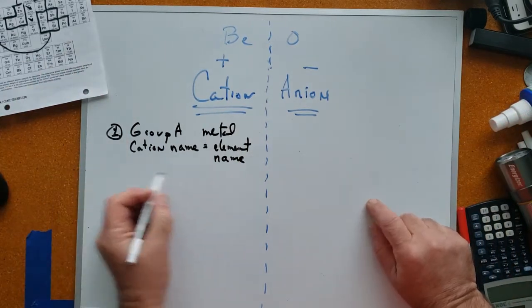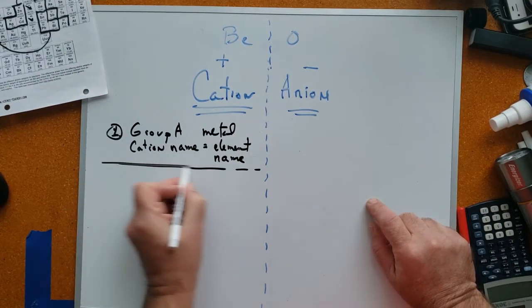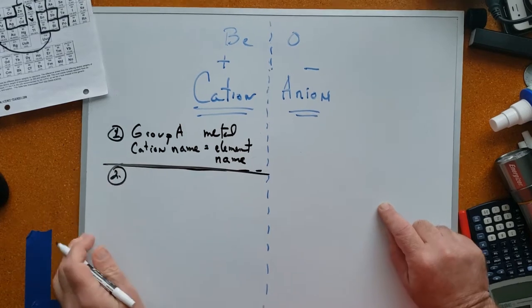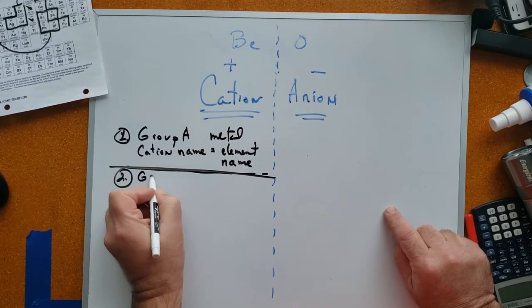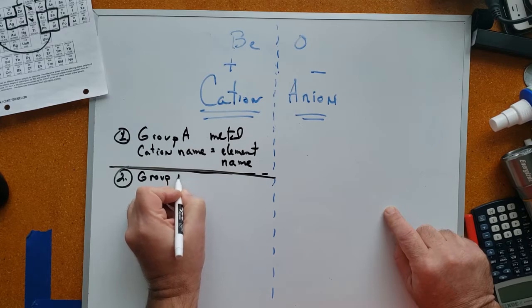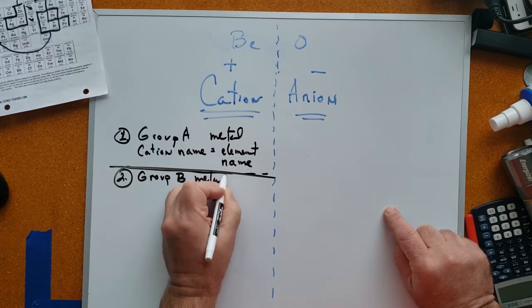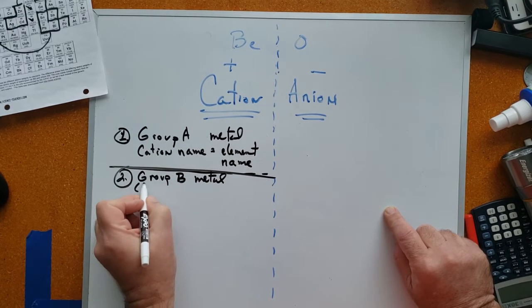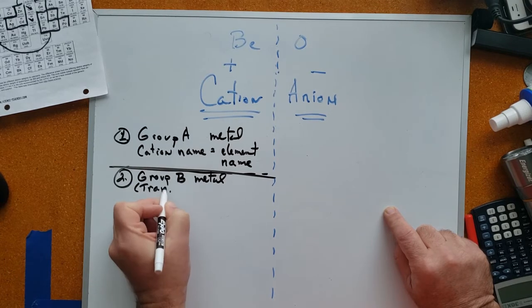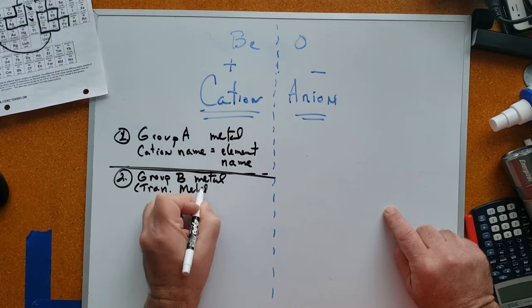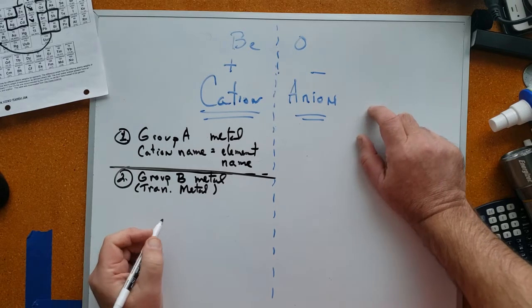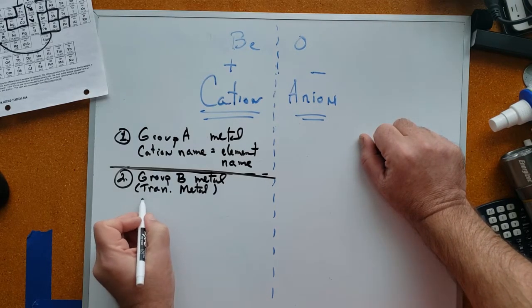All right. What's another possibility? Well, we alluded to it already. If it was a group B metal, or a transition metal, same thing, we have 2 ways in which we could name these guys.